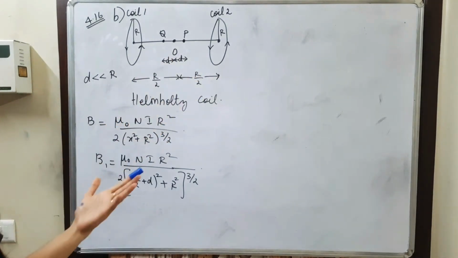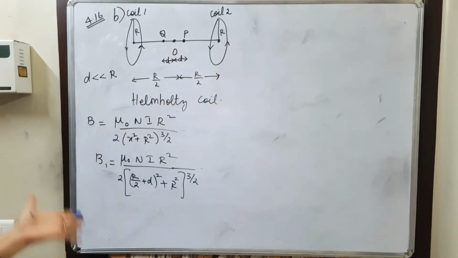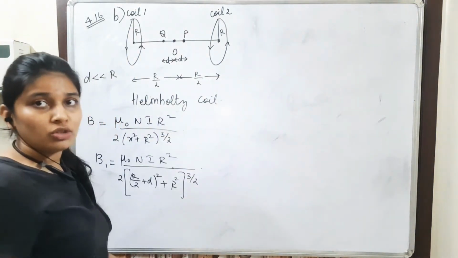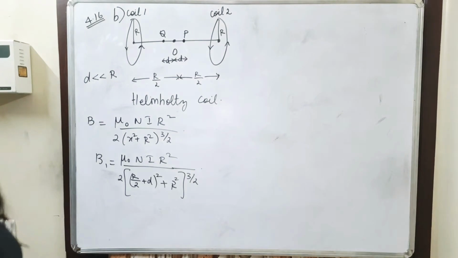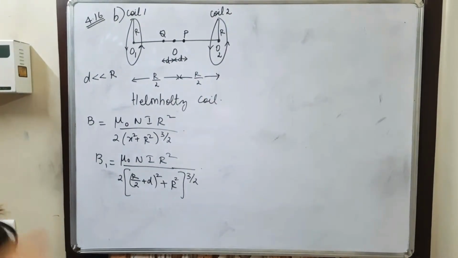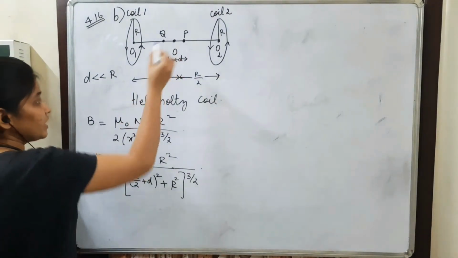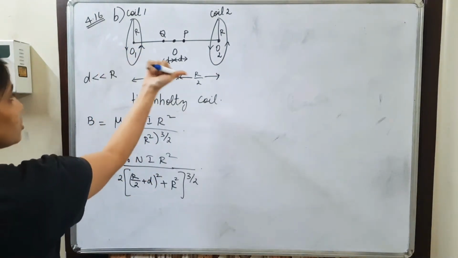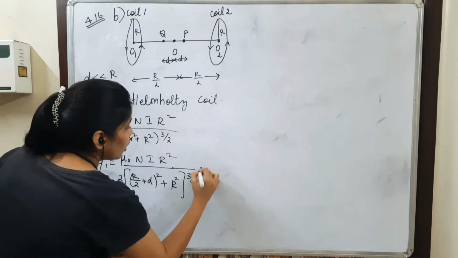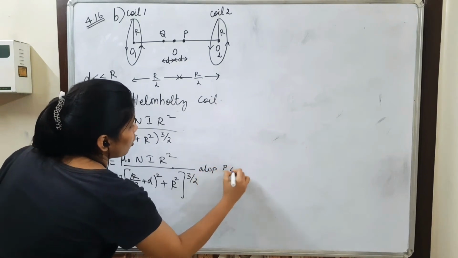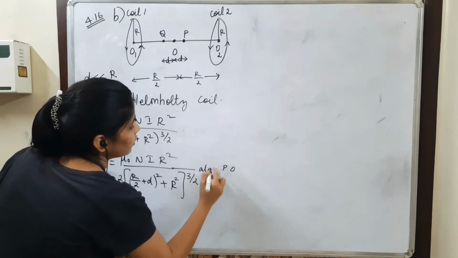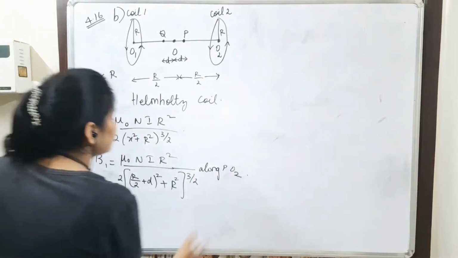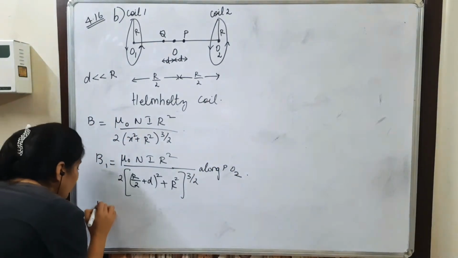So we will be adding the magnetic fields, since the direction of the magnetic field is not changing throughout the line. If we assume it is anti-clockwise, the magnetic field at point P will be along PO2.